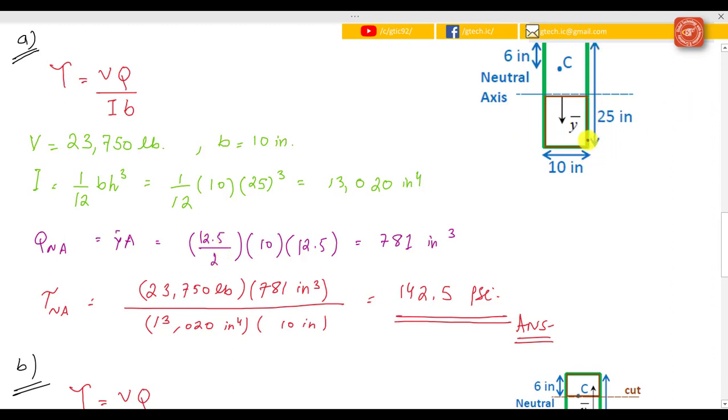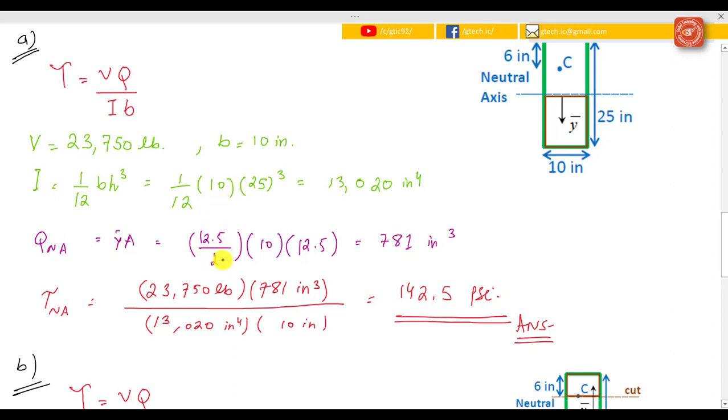We know that the total height of this rectangular cross section is 25 inches, and this is the neutral axis of the rectangular cross section. So from this point to this point the height is 12.5, and similarly from this point to this point the height is 12.5. So we want to find the centroid of this lower part of the cross section.